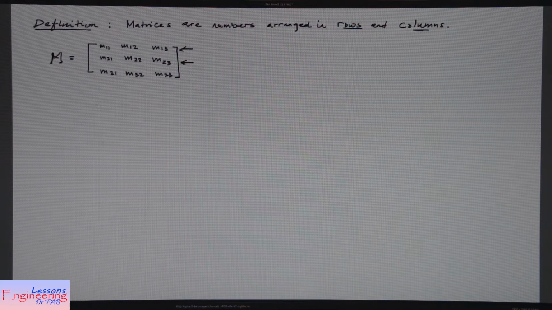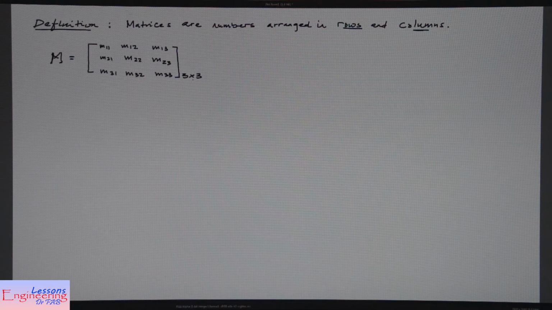Okay. Now, as we've said, the dimension of a matrix is its rows multiplied by its columns. So in this case, we have 3 rows and 3 columns. So we say that the matrix M is a 3 by 3 matrix.